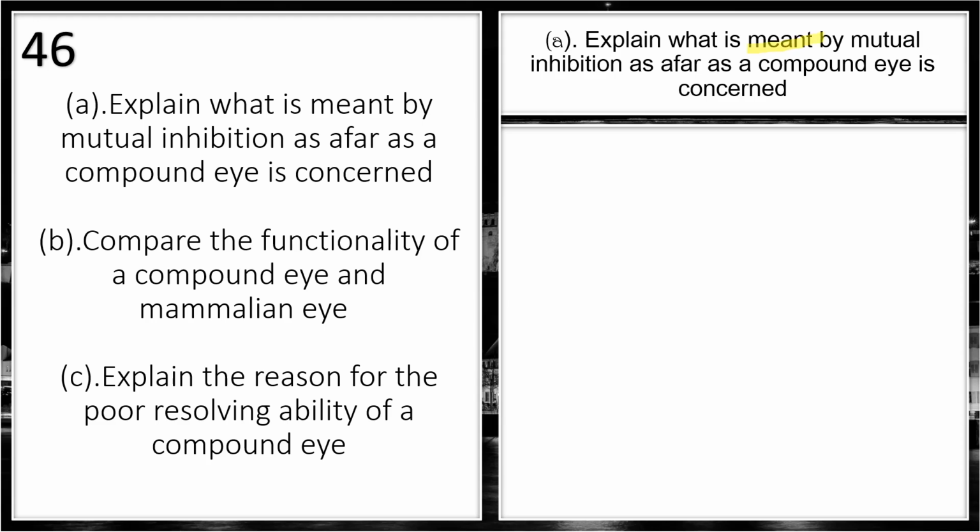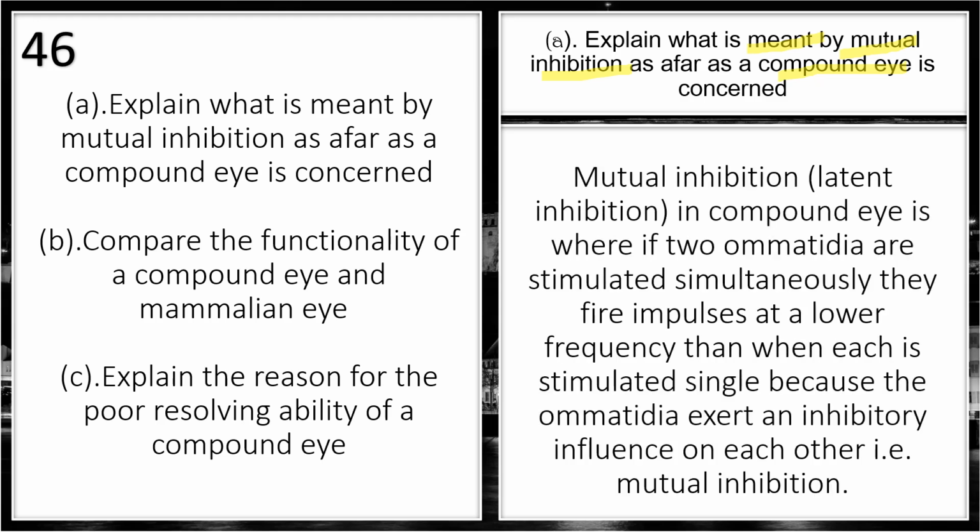Explain what is meant by mutual inhibition as far as the compound eye is concerned. Mutual inhibition, which we can call lateral inhibition, in the compound eye is where two ommatidia are stimulated simultaneously.